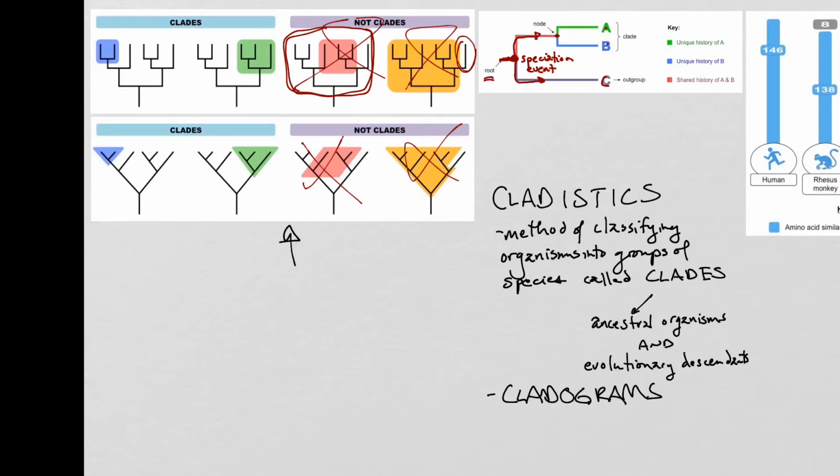And as a result, the frequencies of alleles changed and led to a new species. So here we have another ancestor, and then this ancestor had the same thing happen. There was some event that caused one characteristic to be more successful for A and a different characteristic to become more successful for B. And now you have different species.